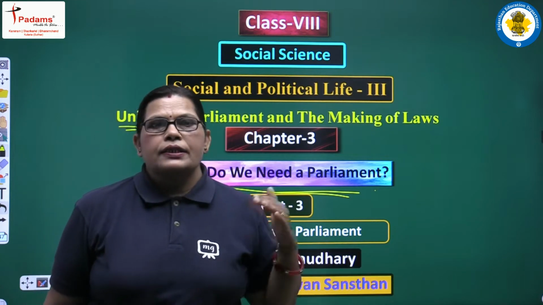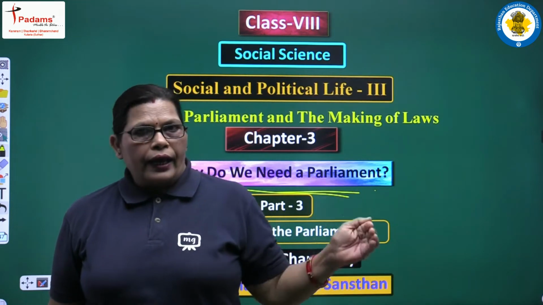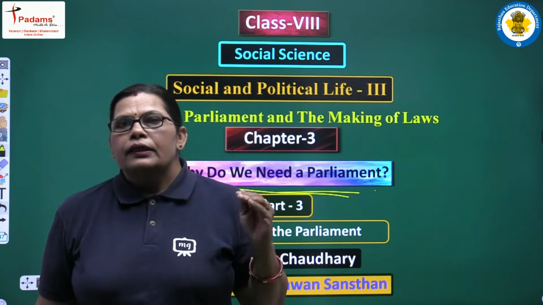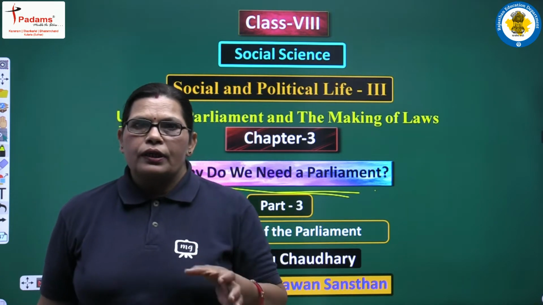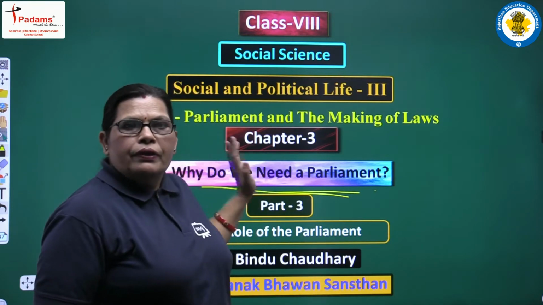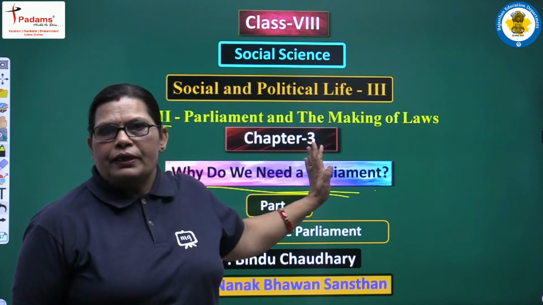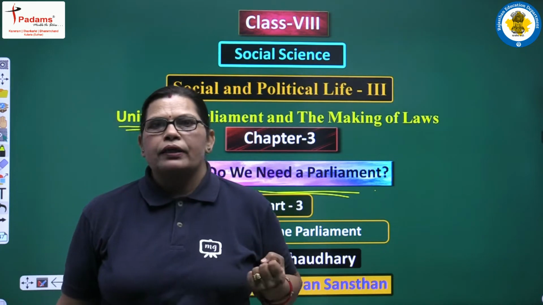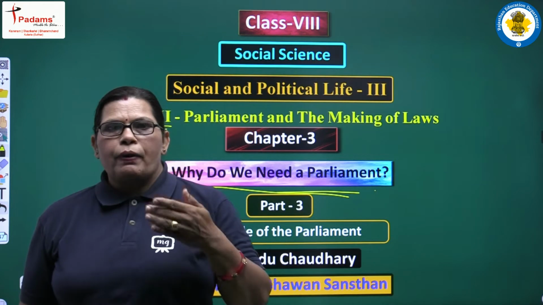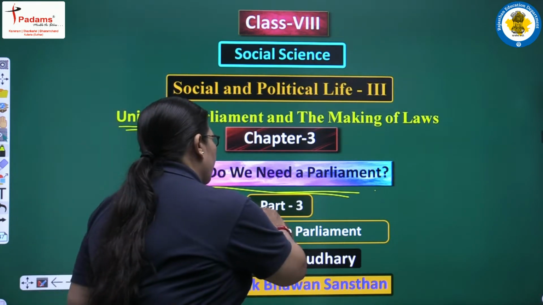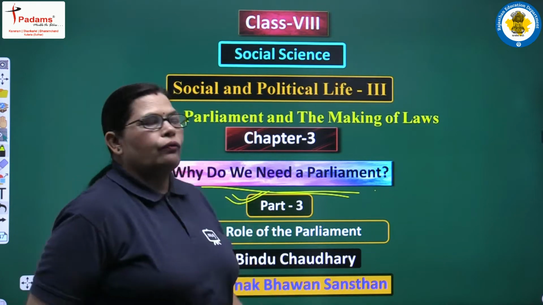Yes, in class 6th we had discussed the Panchayati Raj. In the next class we had discussed the state legislative assemblies, and in this chapter we are reading about the central ministry, and in this one main important part of Parliament. Parliament consists of the President, Lok Sabha and Rajya Sabha, and today we are covering part 3rd, the role of the Parliament.